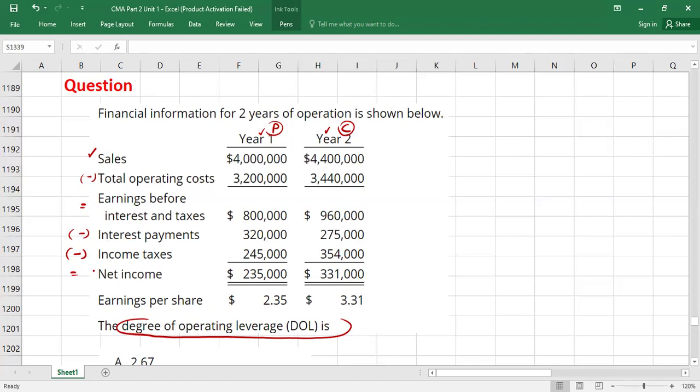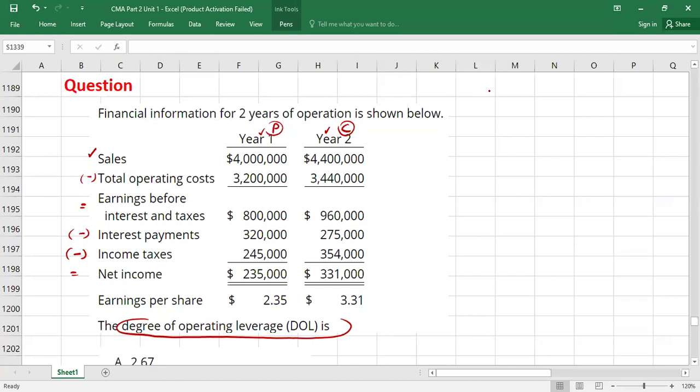So what formula, guys, will you apply when calculating operating leverage with two years of data? What will be the numerator? What will be the denominator? First of all, you have to calculate the percentage change in EBIT. Remember the formula for operating leverage when two years of data is available.